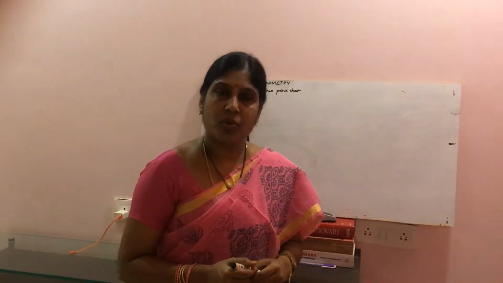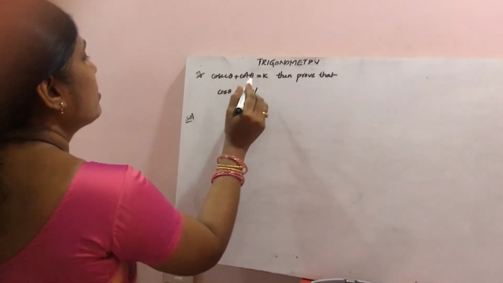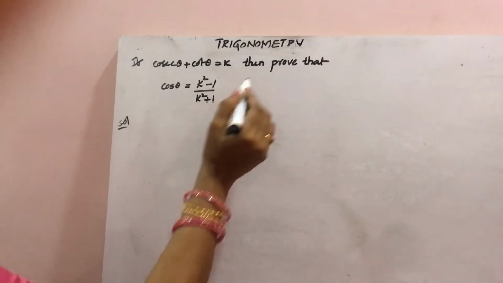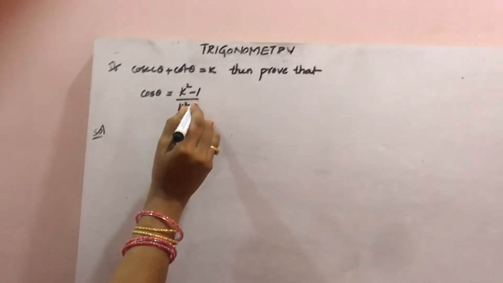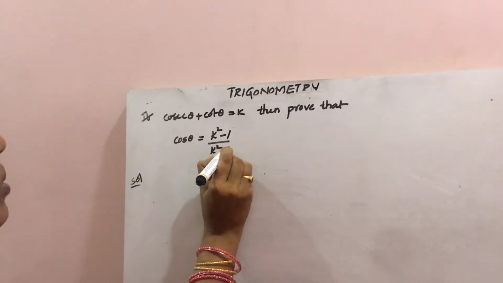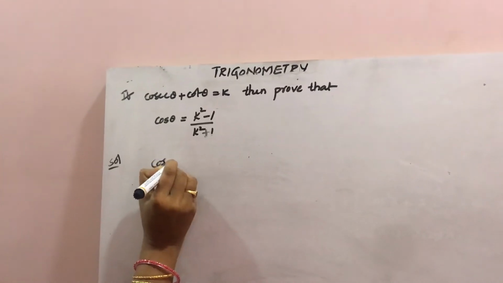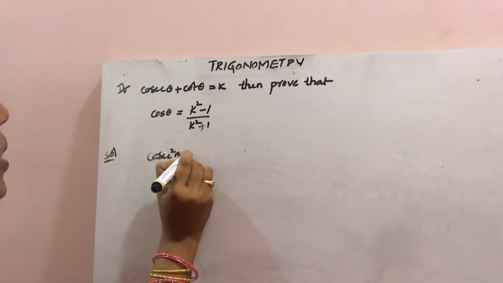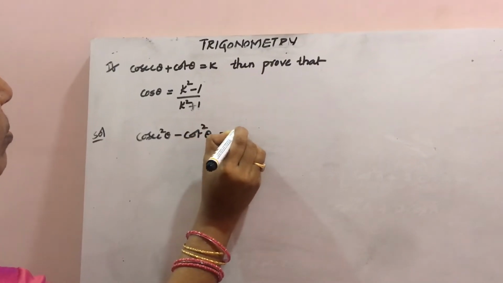Now we will see one more important problem in fourth exercise. See the problem. If cosec theta plus cot theta is equal to k, then prove that cos theta is equal to (k square minus 1) by (k square plus 1). What is the third trigonometrical identity? Cosec square theta minus cot square theta is equal to 1.